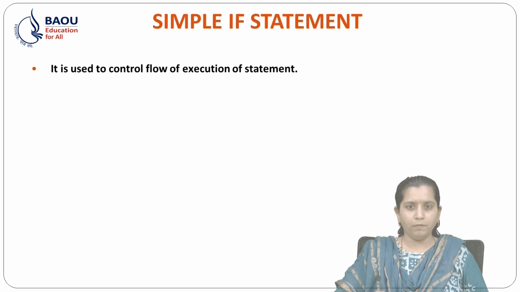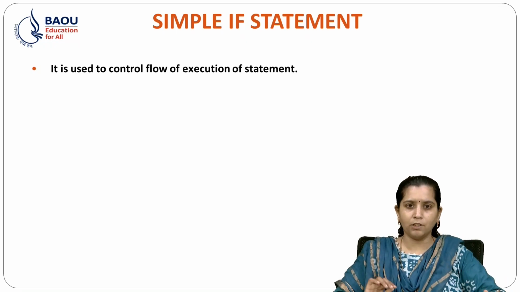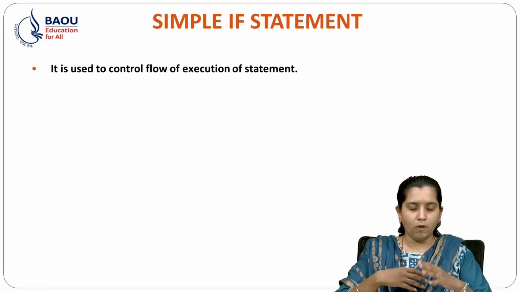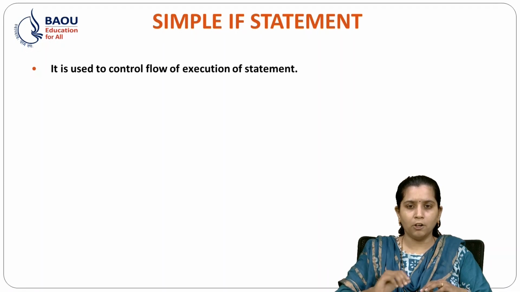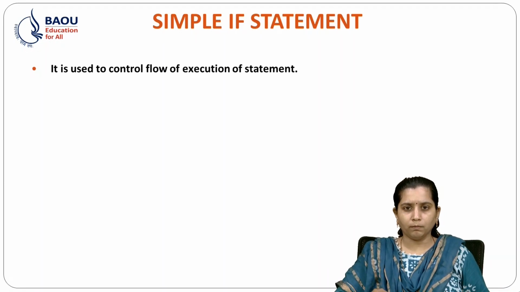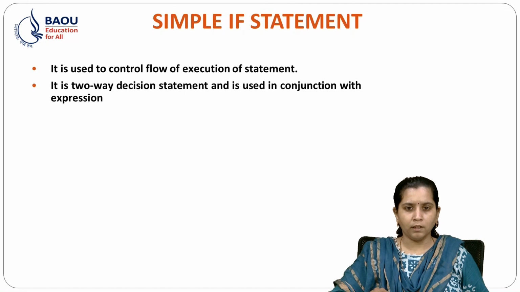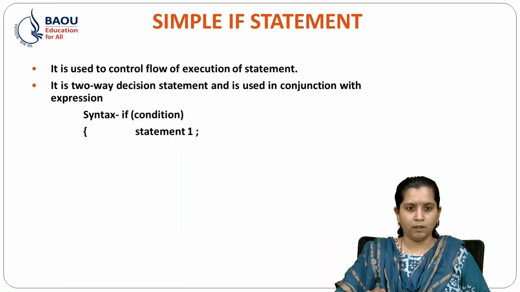The simple if statement is the simplest decision making statement. It allows the execution of a block of code if the given condition is true. The body of the if condition is executed only if the condition is true. Now let's see the syntax of if condition.